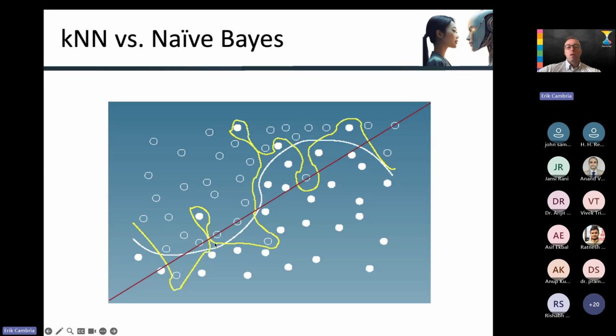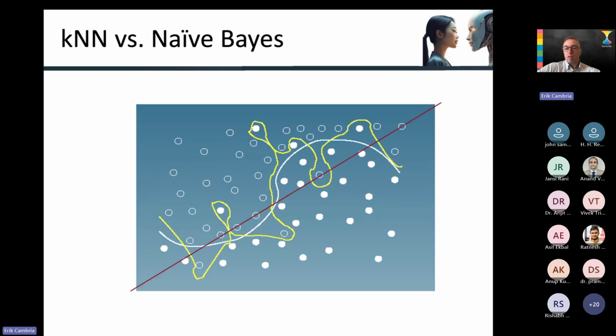So I have this white line instead that is taking into account more the sparsity, the density of the data. So in this specific example, of course, if you ask me, it would be better to use KNN, but it's not always the case. When the data is well behaved, it's better to use naive Bayes so that you can linearly separate the data.